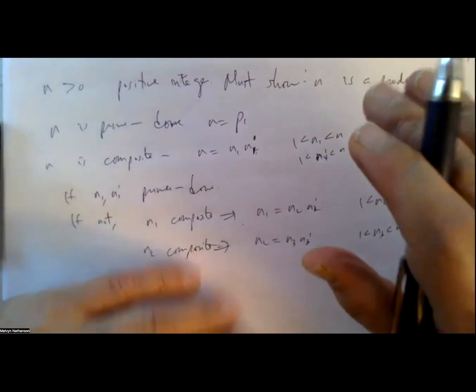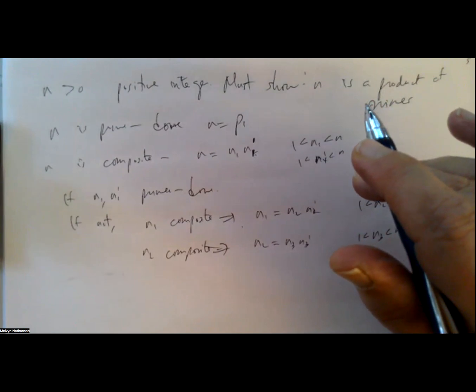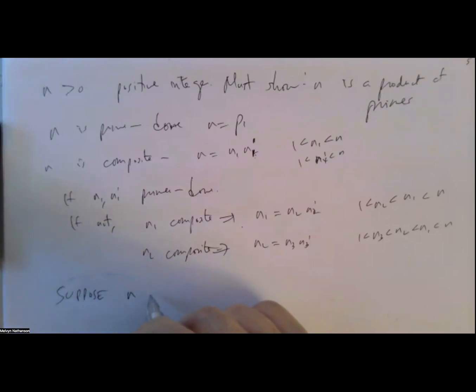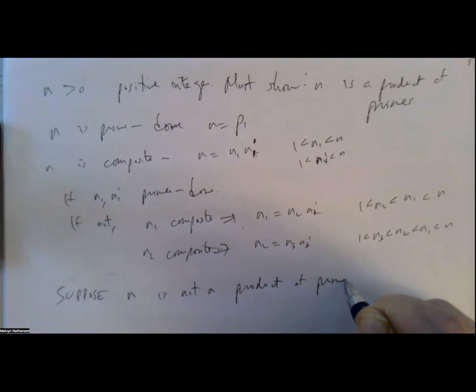Suppose you have an integer n, which is not a product of prime numbers, right? I want to show that leads to a contradiction. Suppose n, an integer greater than 1, is not a product of prime numbers.